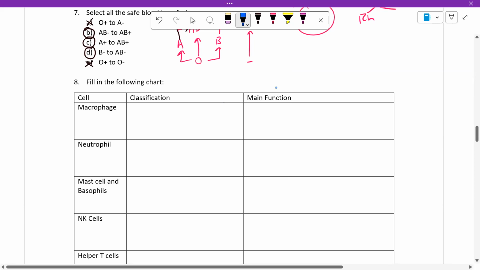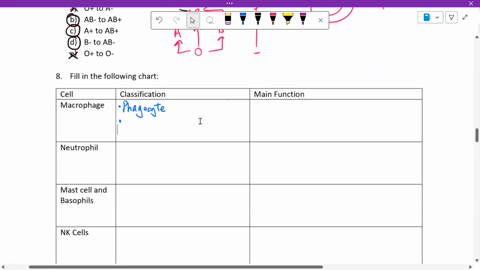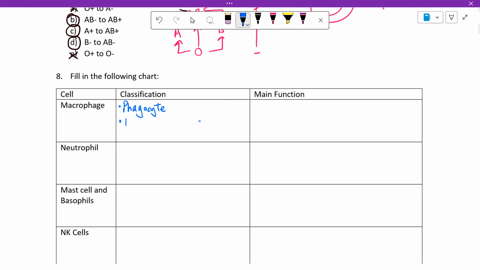So classification for macrophage, they are a phagocyte, meaning they are capable of doing phagocytosis, but more than that, after they eat up whatever they eat up, like a bacteria or something, they can do antigen presentation. So that's why they're an APC, antigen presentation cell, which is an important link between innate and adaptive immunity.